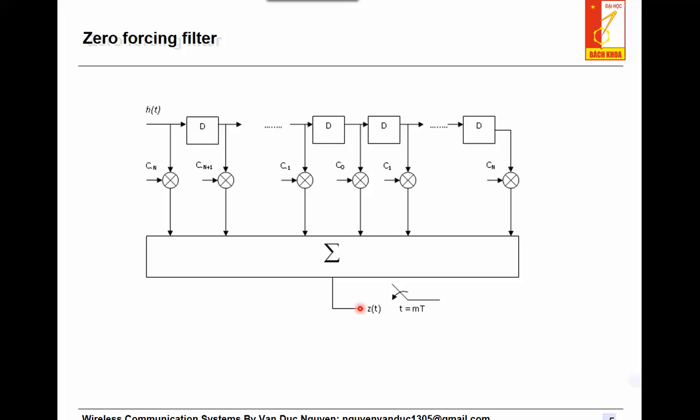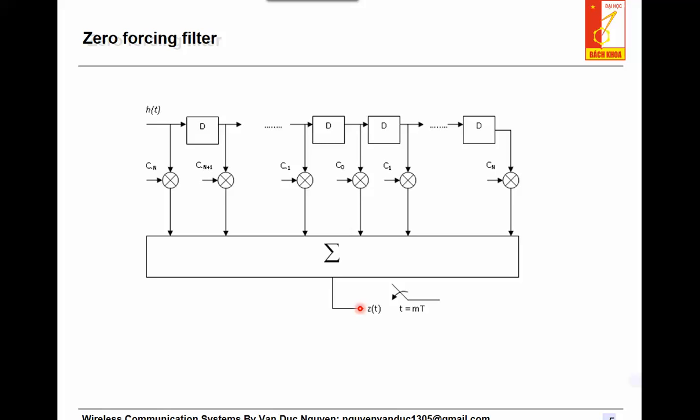You see here that is the output of the filter, and that's the input of the filter. The output of the filter is the convolution of the input of the filter with the filter coefficient.